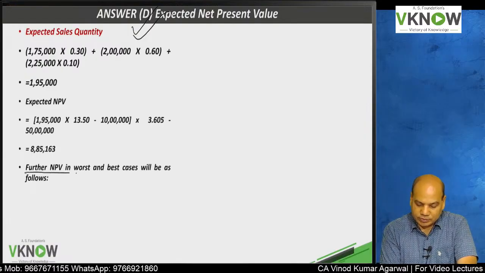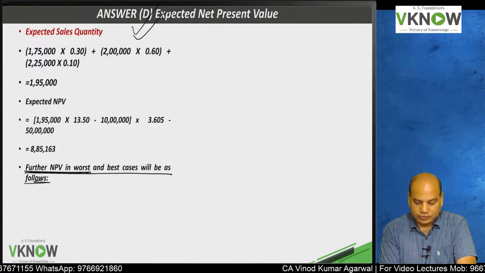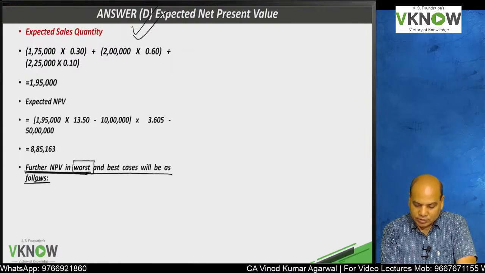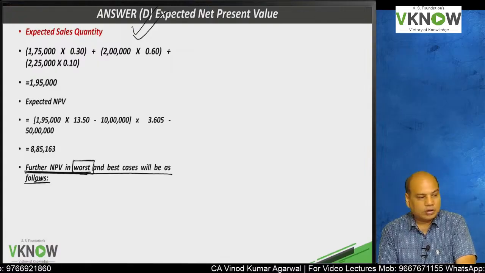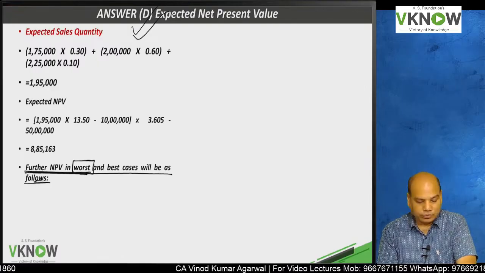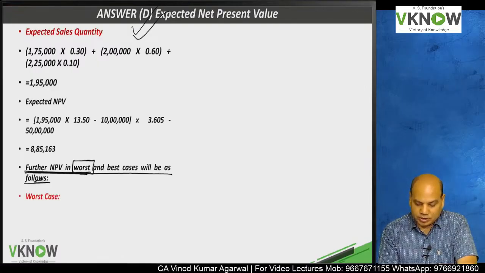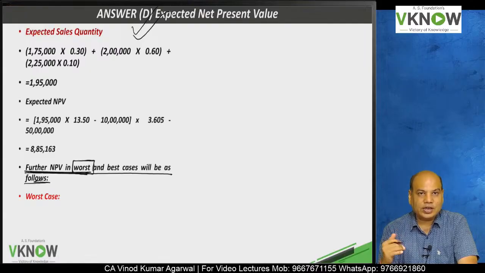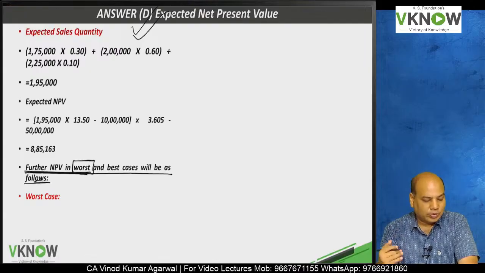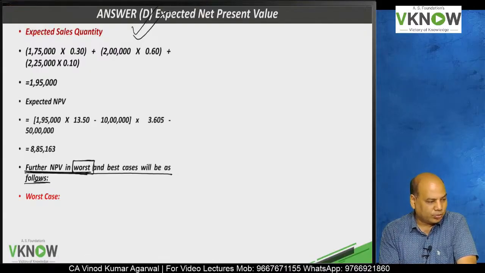Further NPV in worst and best case scenario. Suppose after we start the project, economy condition becomes poor, then I will get only 1,75,000 sales, whose probability is 0.3. So I need to check what would be NPV in worst case scenario. Worst case scenario means economic condition is poor.